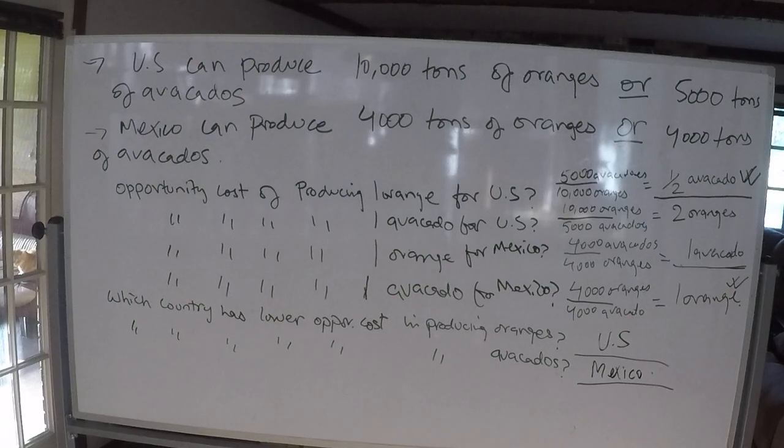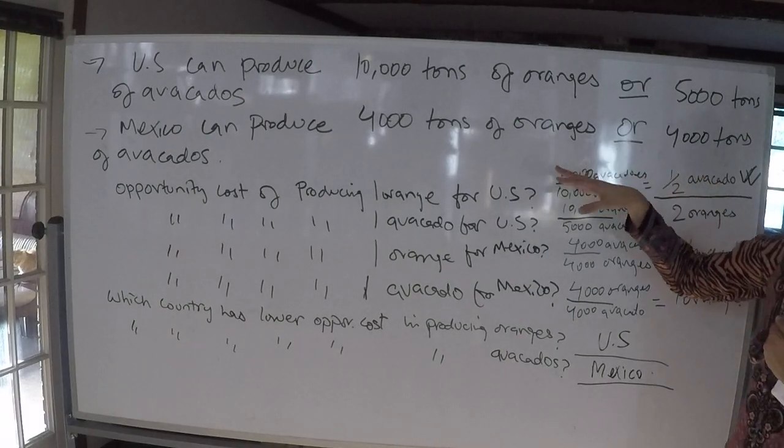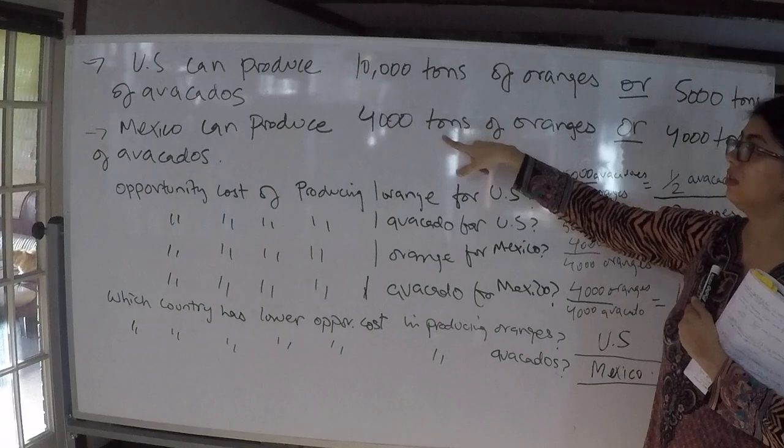By the way, who has an absolute advantage in producing oranges? Absolute advantage means who can produce more oranges, plain and simple. Just look at the figures in the question.